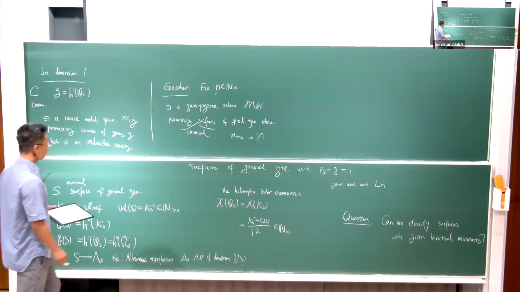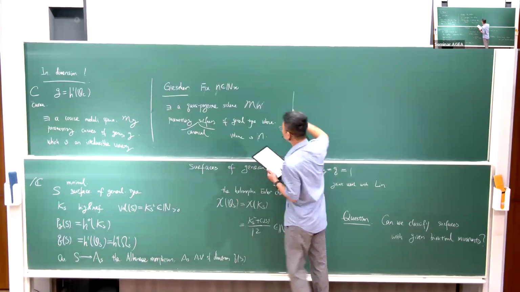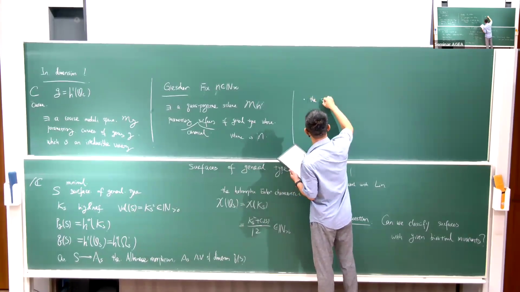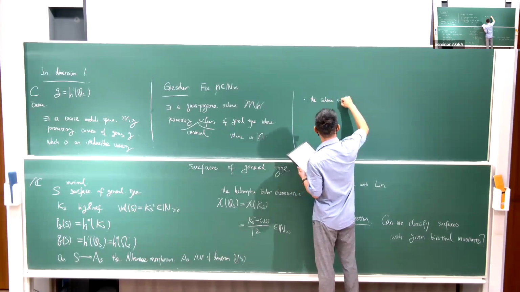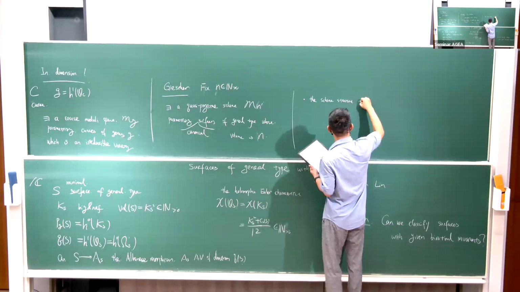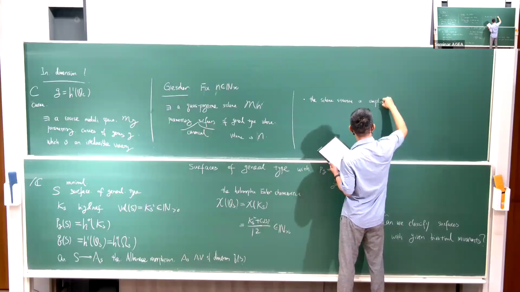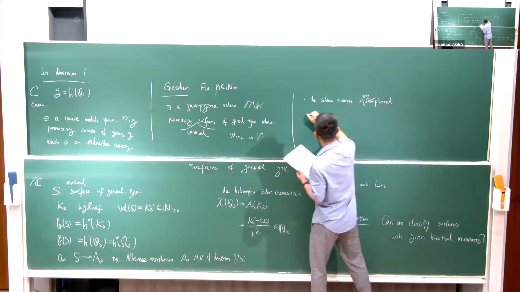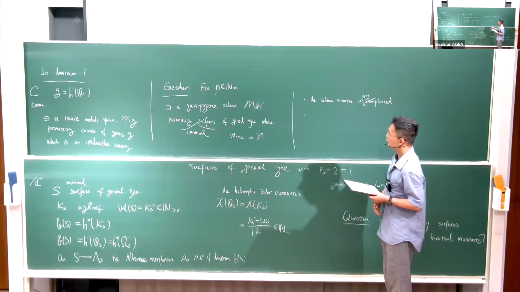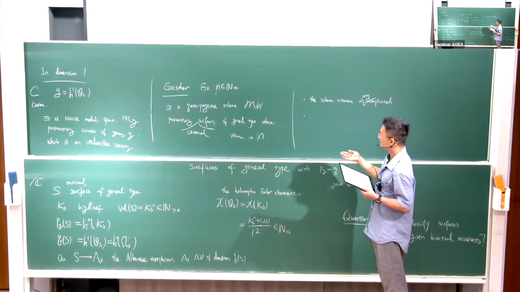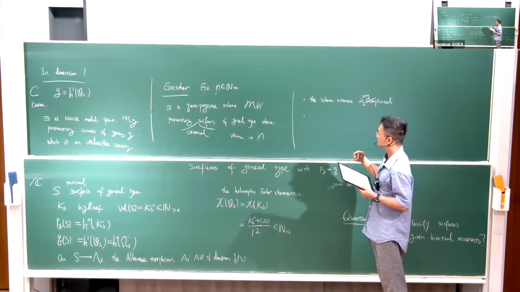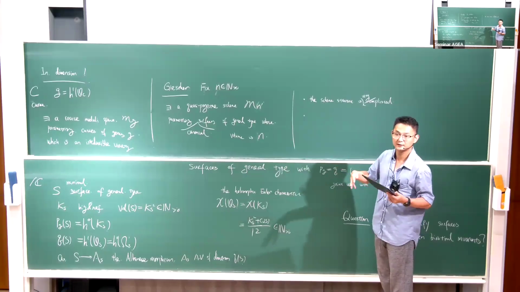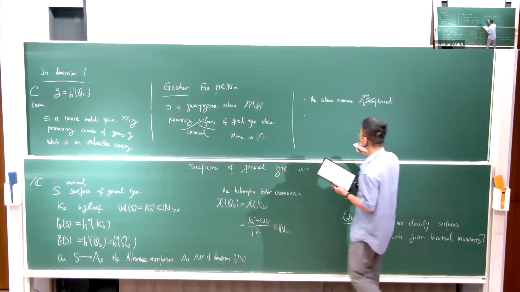Okay, so this is the good news, but the problem is that the scheme structure is very complicated. First of all, the scheme structure is very complicated. Second of all, even if we forget about the scheme structure and only consider the variety structure, it's impossible to determine how many connected components or irreducible components this scheme has.